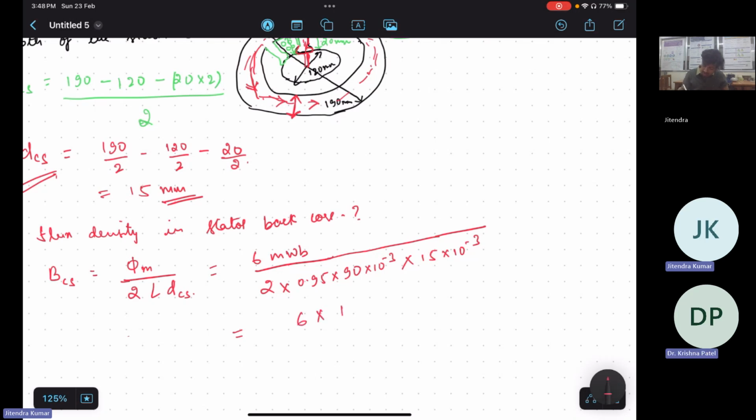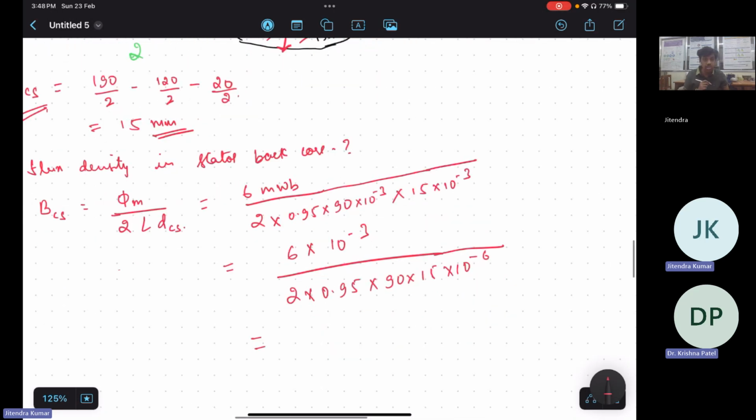So 6 into 10 to the power minus 3 divided by 2 into 0.95 into 90 into 15 into 10 to the power minus 6. If you calculate, you will get a value equal to 2.2 Tesla. So the flux density in the stator back iron is 2.2 Tesla.